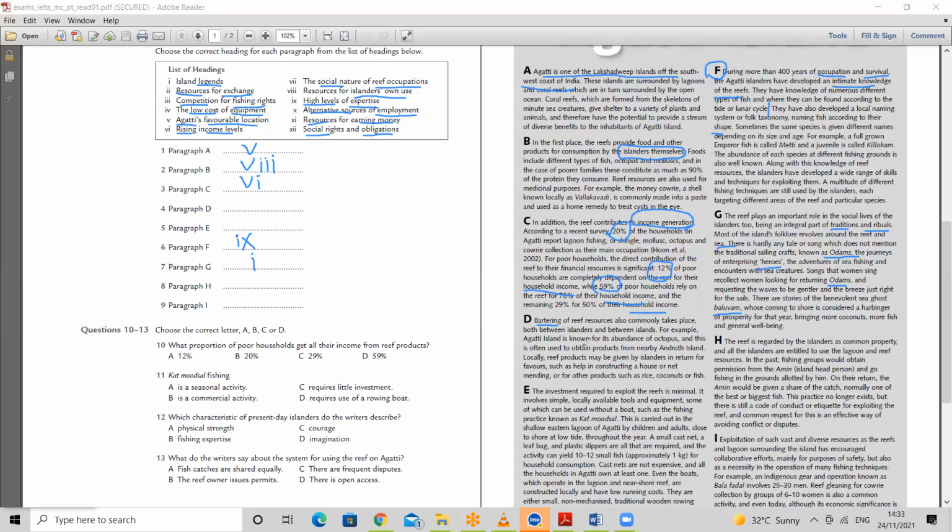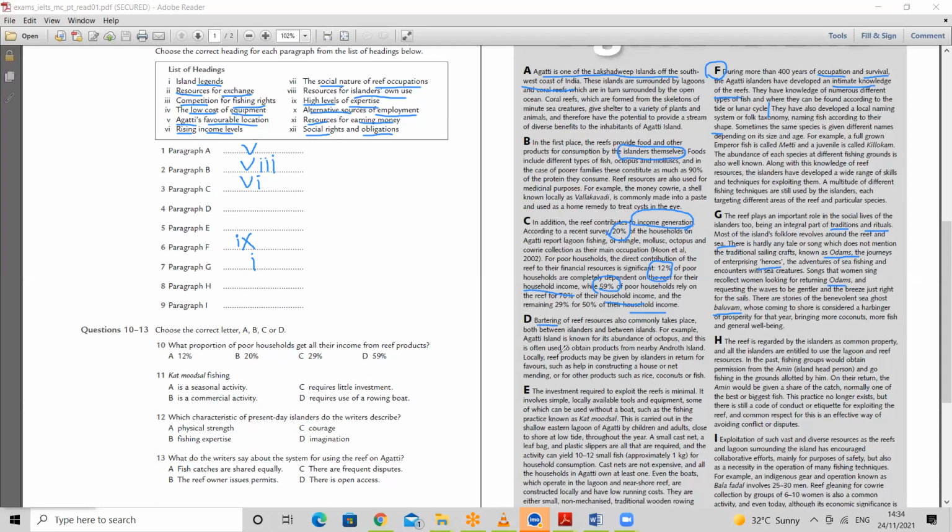Agati Island is known for its abundance of octopus. So they have a lot of octopus, and this is often used to obtain products from the nearby island. So, for example, the Agati Island people have a lot of octopus, which they give to the nearby island people, and in exchange, in return, they obtain other products.